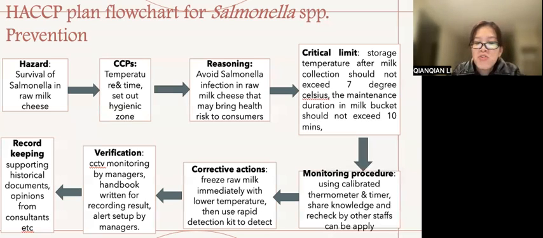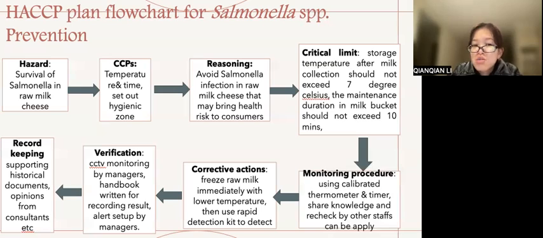And corrective actions. When the temperature and time exceed the limit of 7 degrees Celsius and over 10 minutes, it is recommended to freeze the raw milk immediately at a lower temperature, like in a freeze tank.